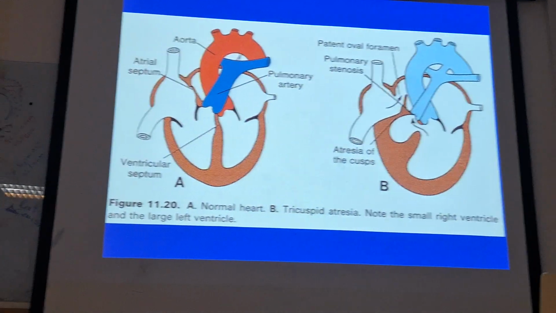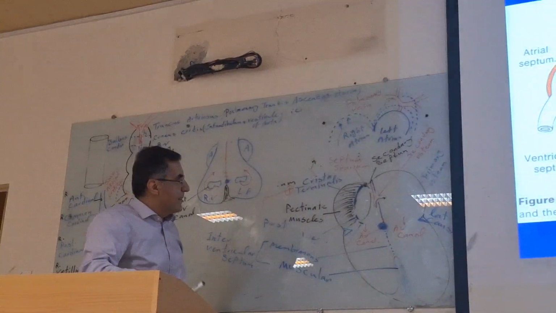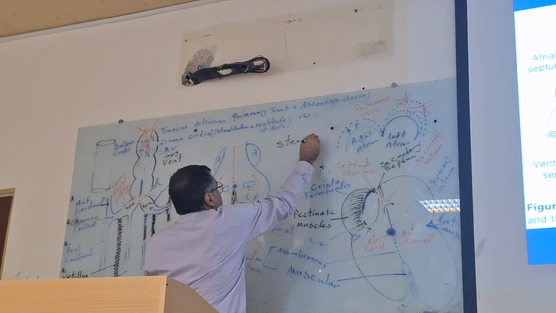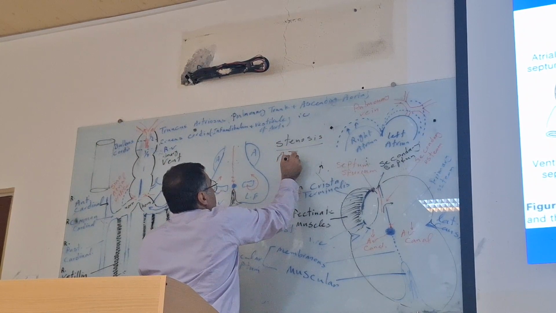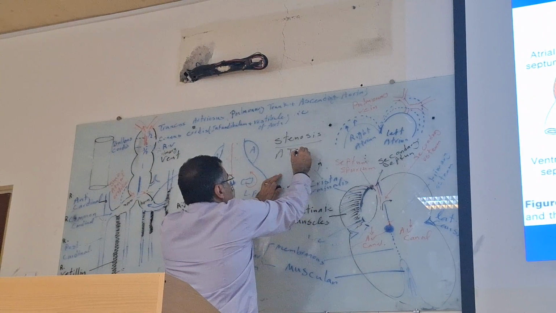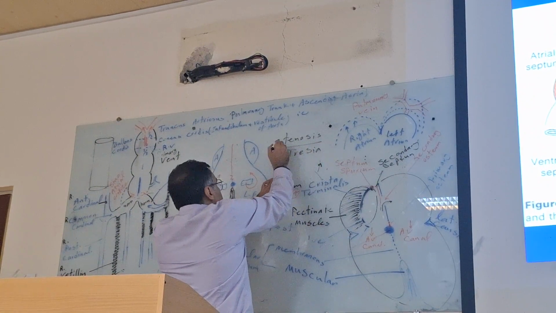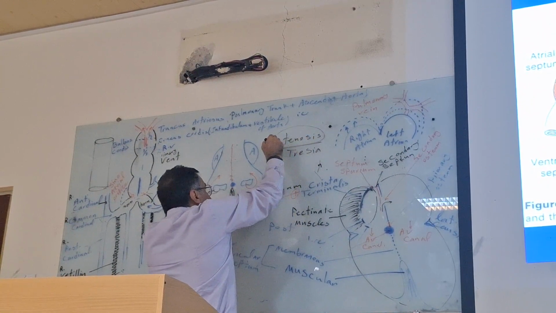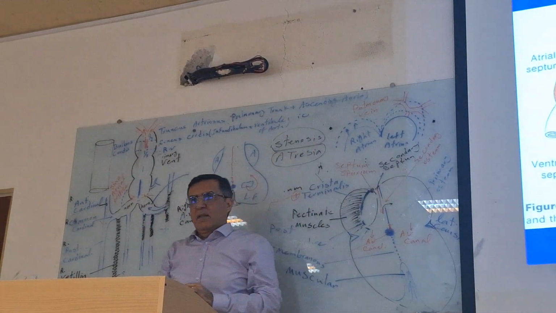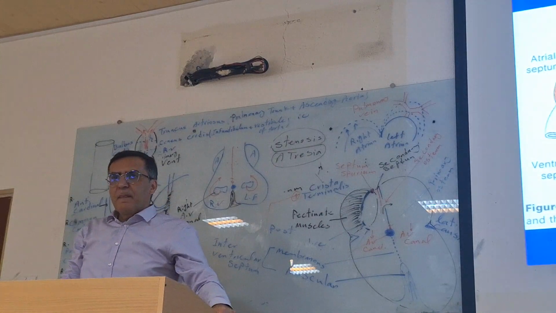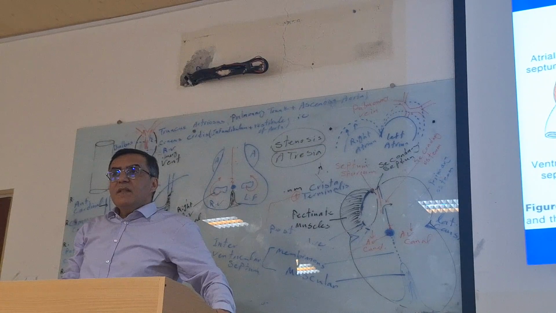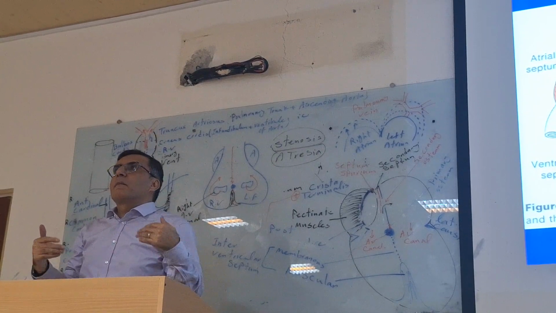Here we have two terms, stenosis and atresia. Do you know the difference? Stenosis means the narrowing of a canal or an opening. Atresia means it doesn't form.